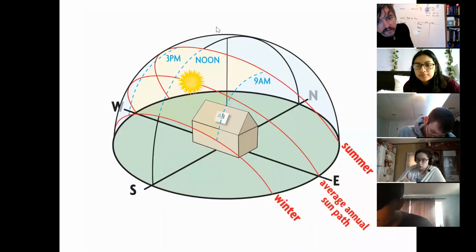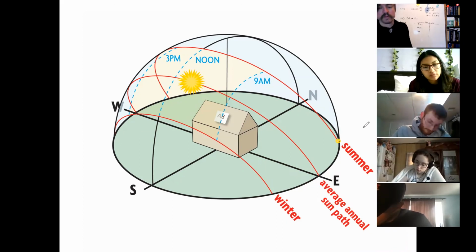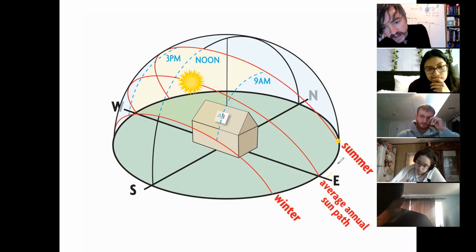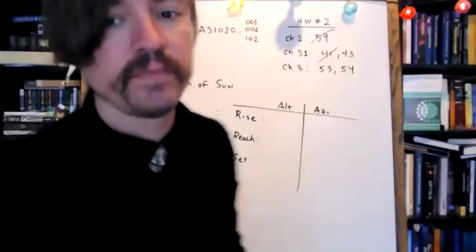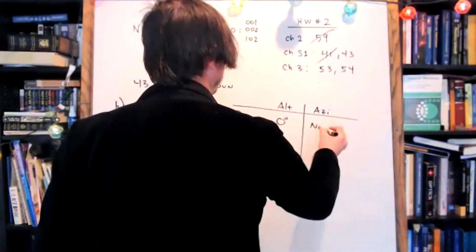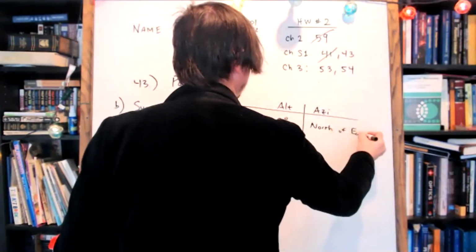So what's the altitude of the rise on the summer solstice? It's 0, right? And what I'm going to do for the azimuth is I'm just going to cheat and say north of east. 0 degrees north of east.